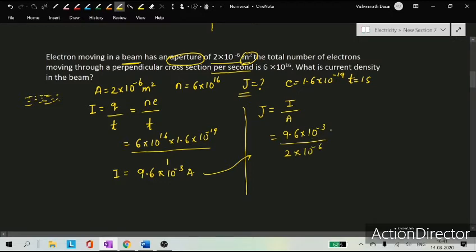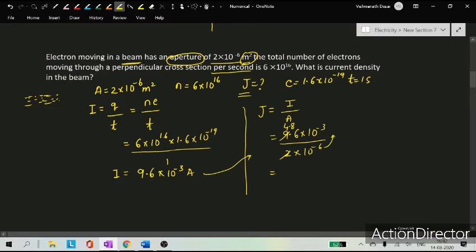If you solve it, this is 9.6 divided by 2, right? You can cancel it here itself. 96 divided by 2 is 48.